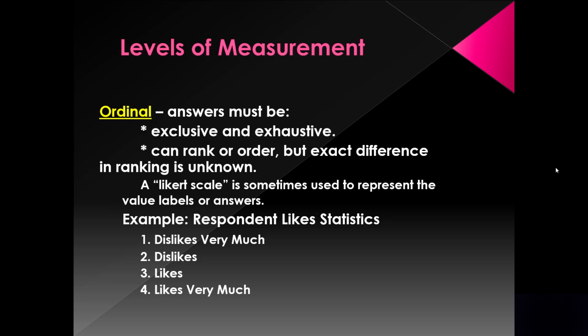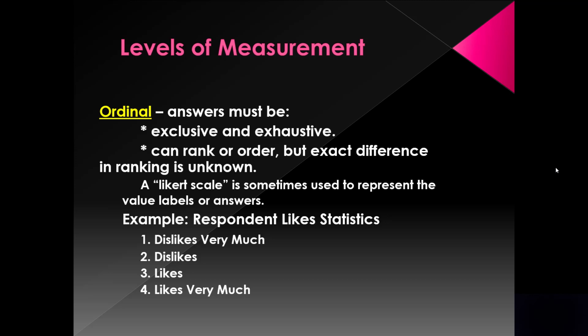And here's an example of what's called a Likert scale, sometimes used to represent value labels or answers in a questionnaire or a database. So the variable in this case in the database has a label, respondent likes statistics, and the answer choices are dislikes very much all the way to likes very much. And you can see that these answers have numerical values attached to them.